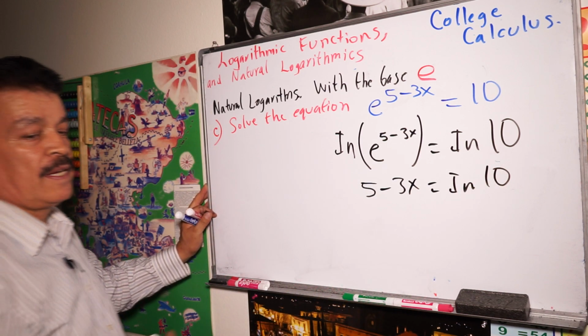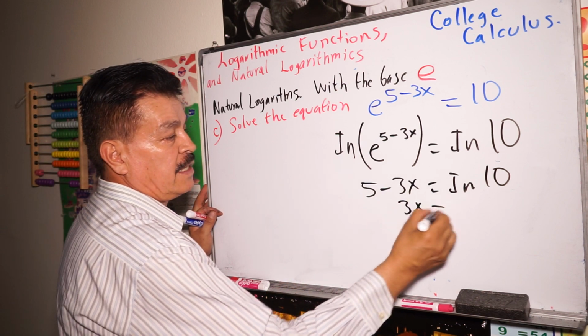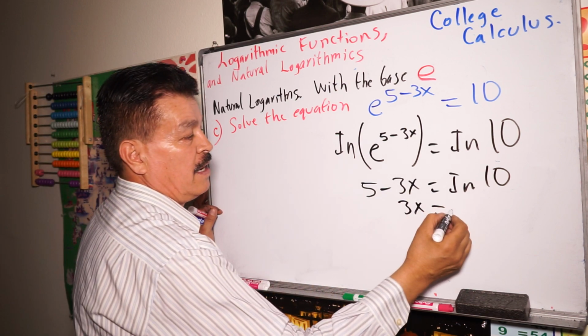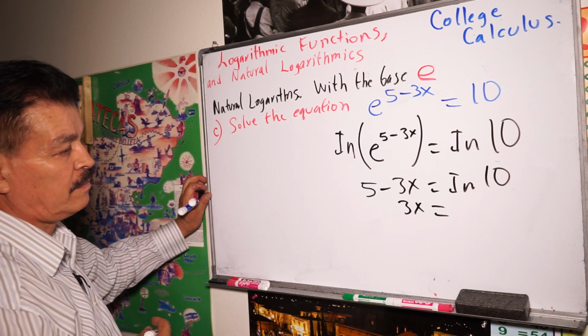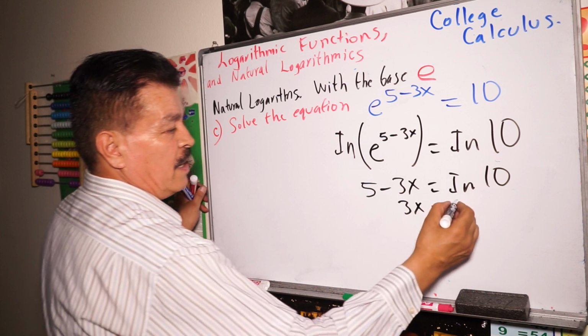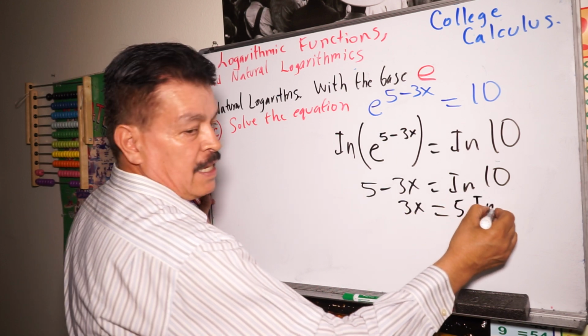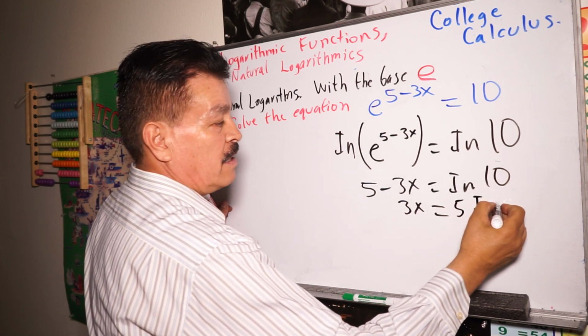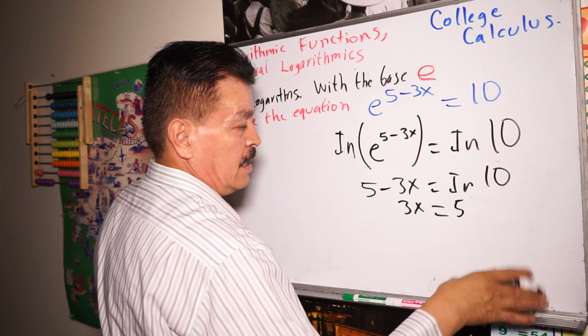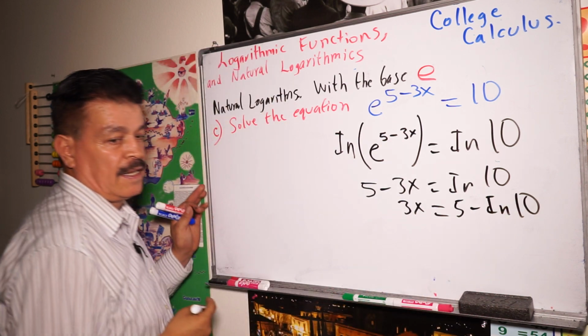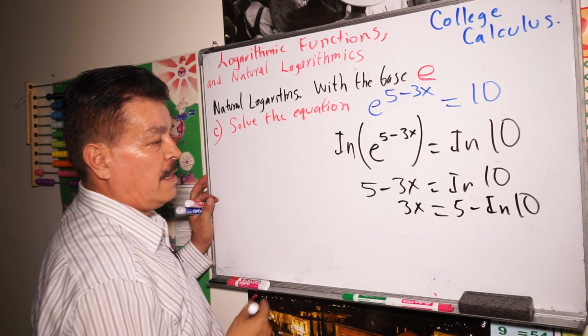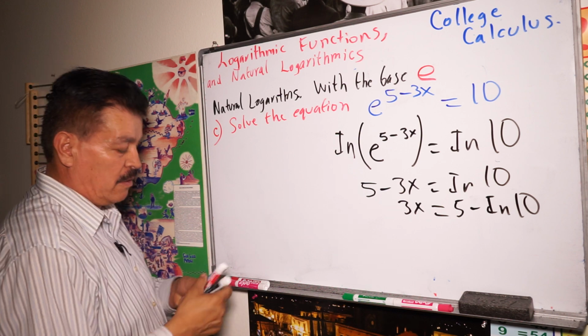So it's easy. Now 3x equals 5 minus ln 10.